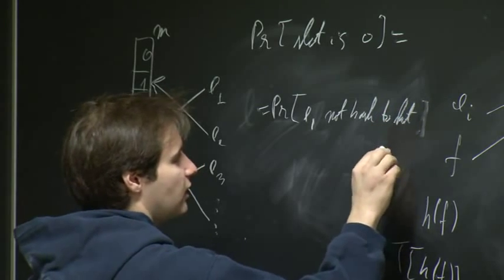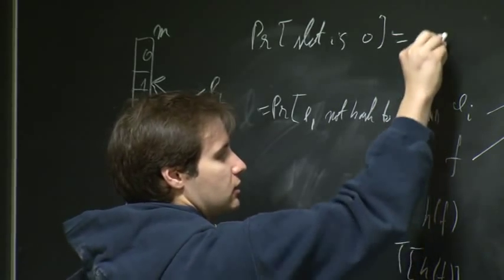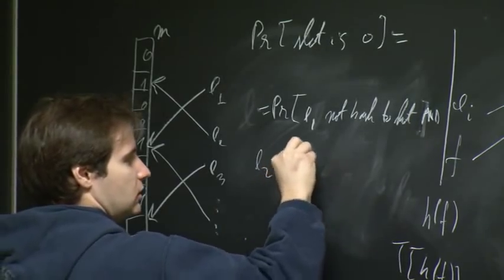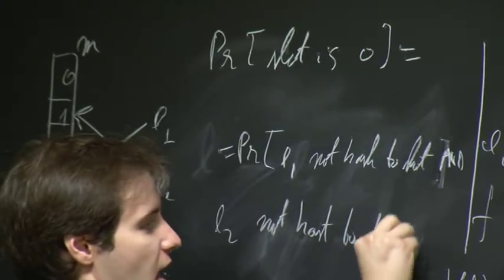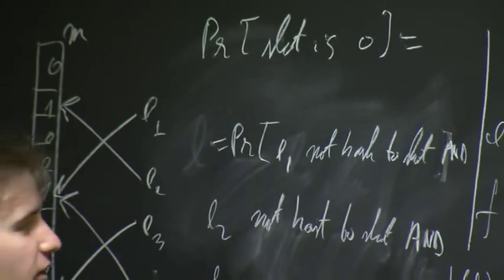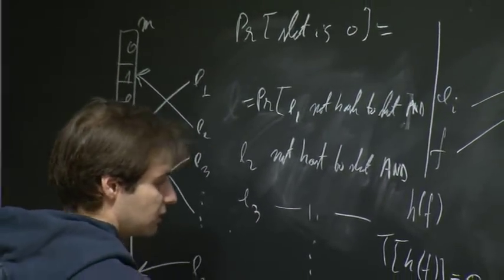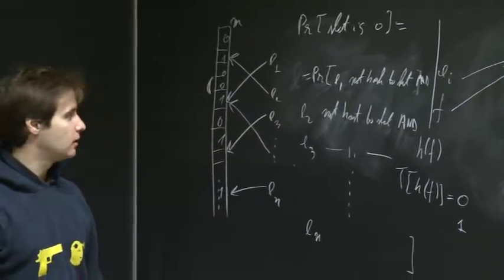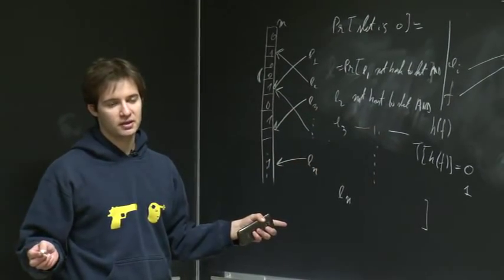So it's the probability that E1 didn't hash to the slot, and E2 didn't hash into the slot, and E3 didn't hash into the slot, and so on and so forth, all the way up until En didn't hash to the slot.